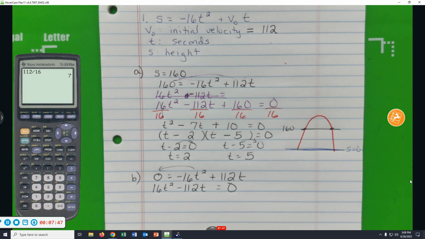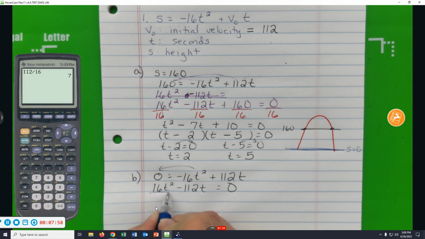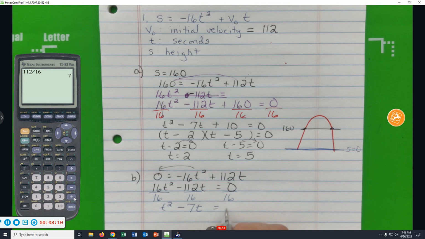I think I'd pull the same trick I did a moment ago. There's a common factor of what? 16, that's right. So divide straight through by 16, and we have the equation t squared minus 7t equals 0.